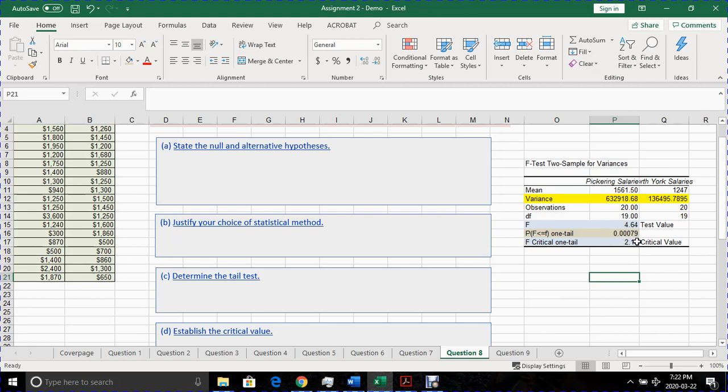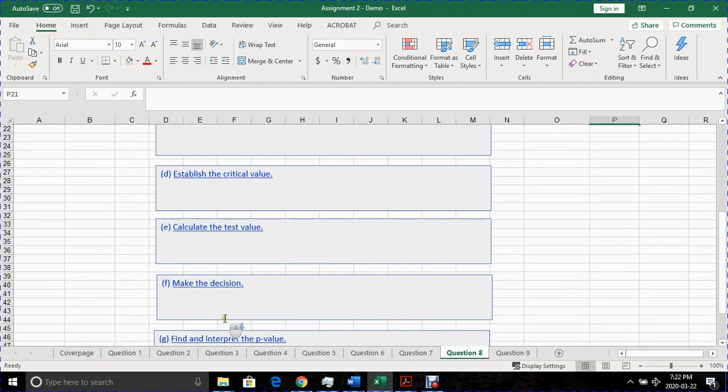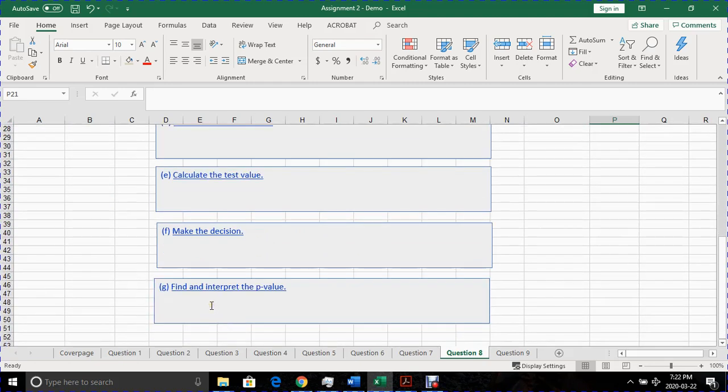0.0079. Again, it can never be 0 because in any statistical test, there's always going to be a potential of an error, and the error cannot be 0. It has to be greater than 0. So in this case, we have it as 0.0079, and that is the Type 1 error in our analysis.